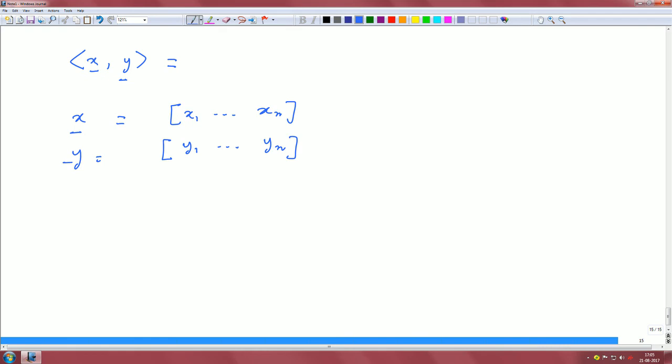The inner product of x and y is basically x transpose y. It is x1 y1 plus x2 y2 plus so on till xn yn, and this is also y transpose x, for vectors whose entries are all real numbers. If they have complex entries, there are some more trivialities which we will reserve for homeworks.